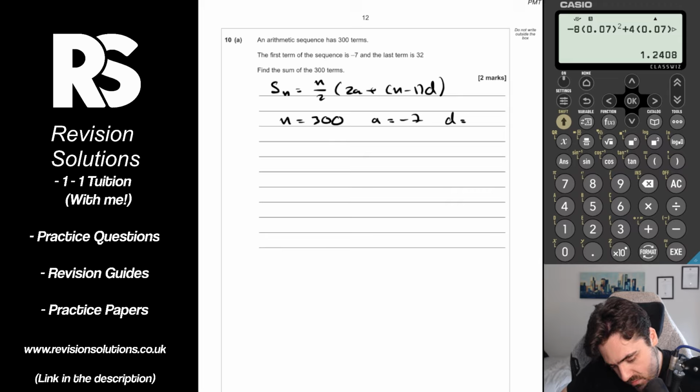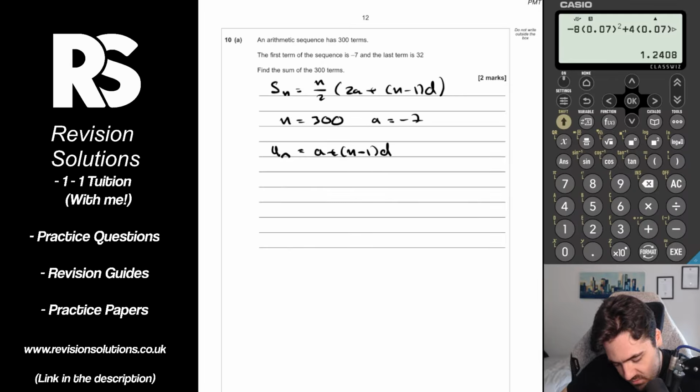So the first term is minus 7, and the last term is 32. So we're going to need to work out the common difference. To find it, we can think about that last term, so that would be u300. Well, let's write the nth term formula first. So that's a plus n minus 1 d is the nth term formula.